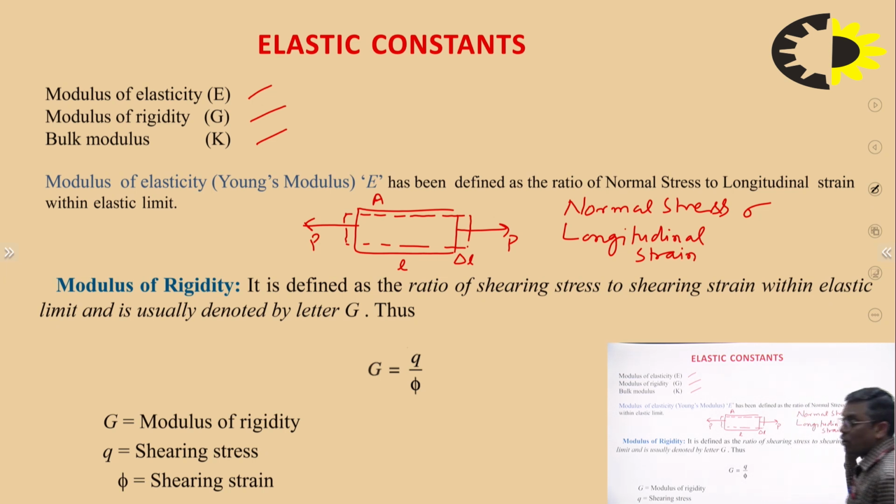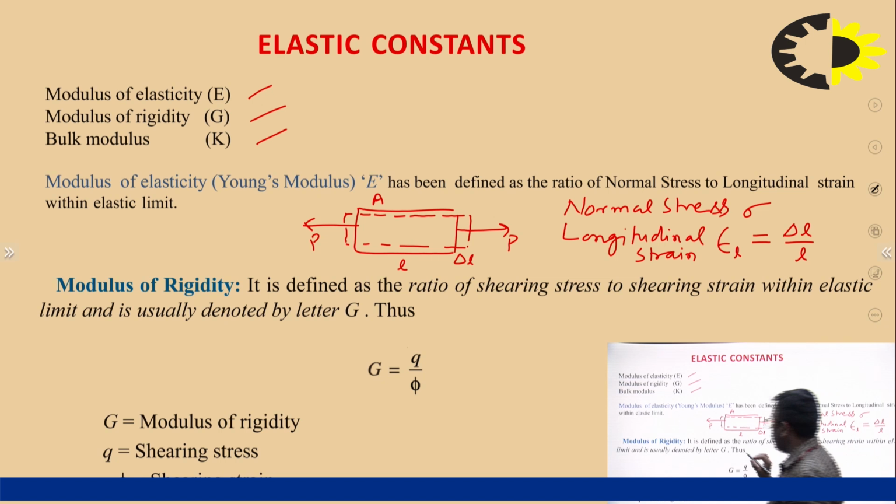Why am I writing longitudinal strain? Because the elongation or contraction is in the direction of force applied, or along the length. So I can write epsilon L, longitudinal strain. What will I be writing? Delta L upon L.